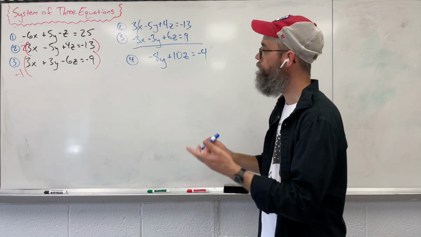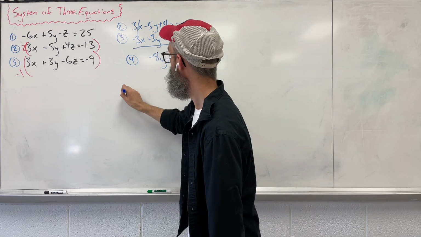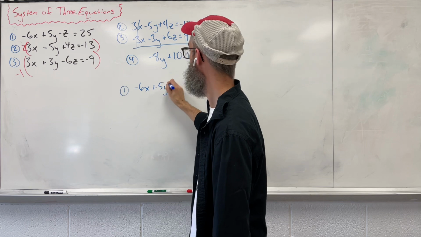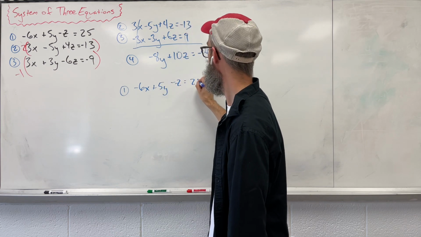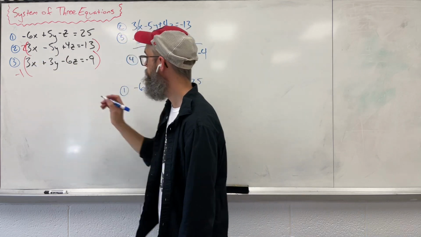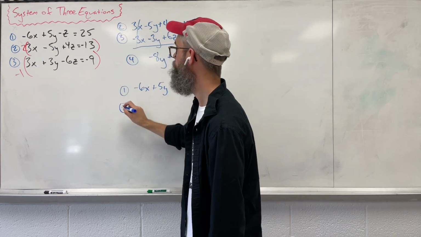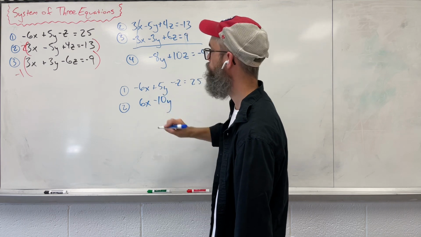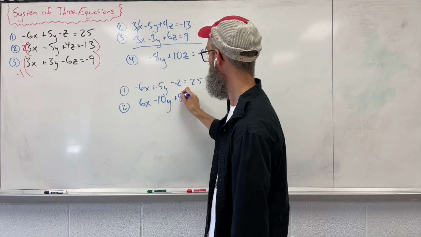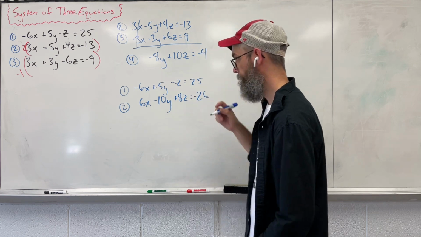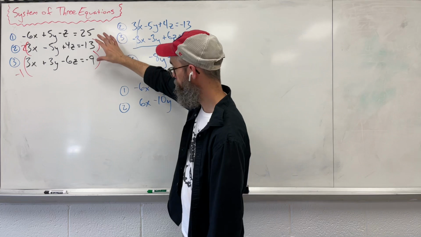Okay, so let's rewrite. Equation 1 stays the same. Equation 2, we're now going to multiply everything by 2. So we're going to get 6x minus 10y, 8z, negative 26. So again, first we did equations 2 and 3.